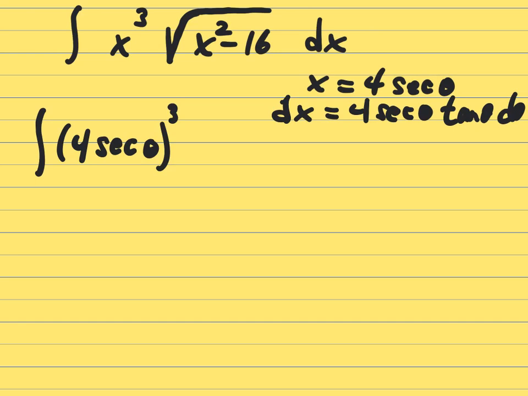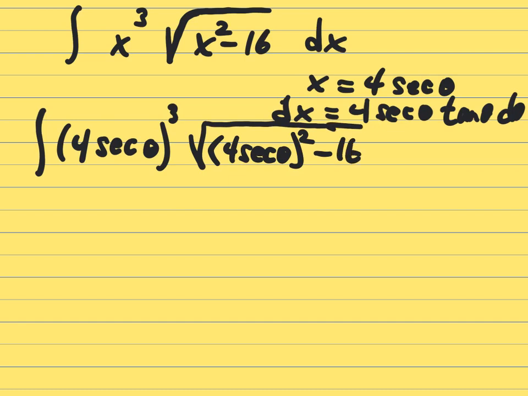I think I'm going to leave it in radical form for a step or two. Okay, so x squared, that's 4 secant theta quantity squared minus 16. And then dx, we have it right above in our derivative line.